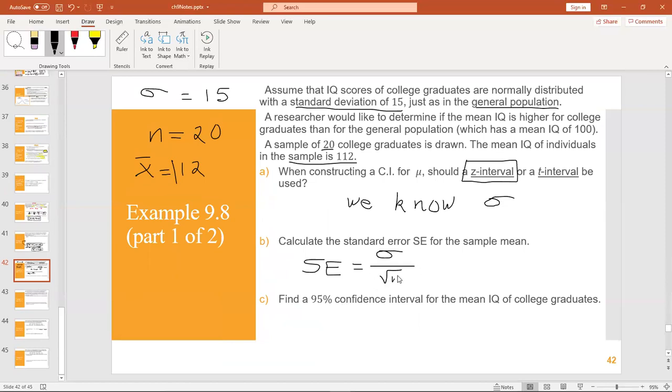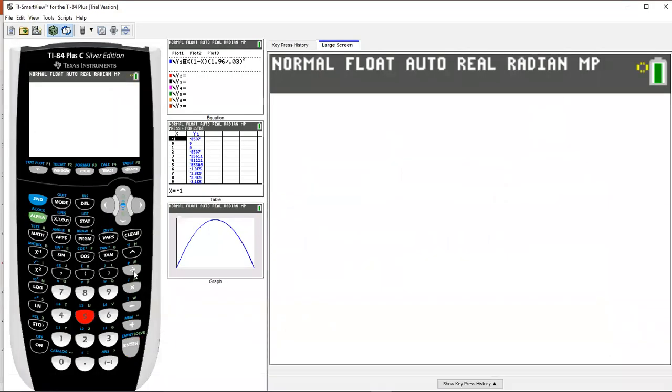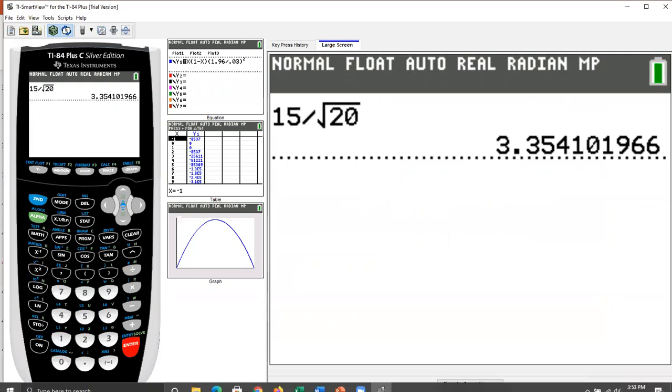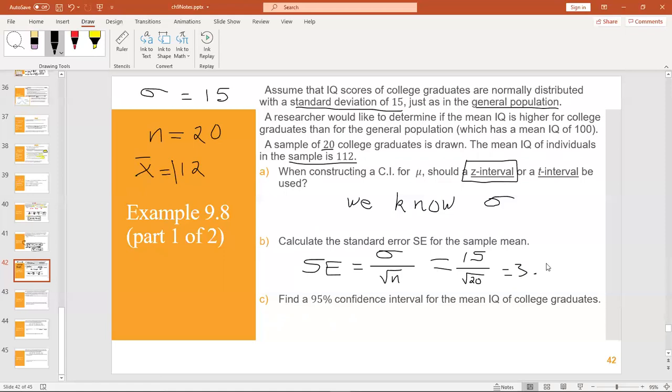It's actually the same formula, because it's either S over root n or sigma over root n. It just depends on which one you know. So this is 15 divided by root 20. Let's find out what that is. That is 3.3541. Okay, that's your standard error.